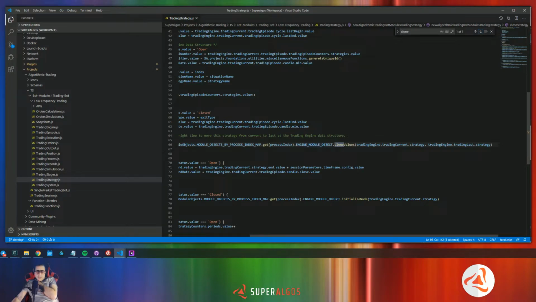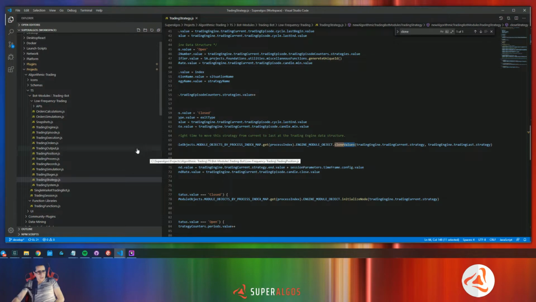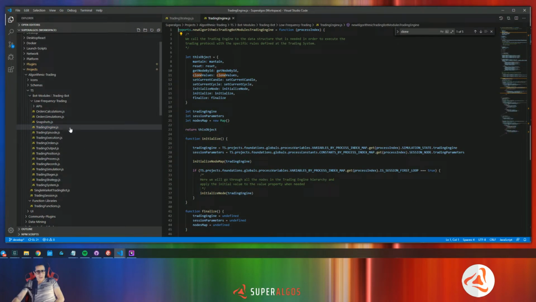Okay, so the engine module has the clone values function. So let's check that out. Trading engine, clone values.